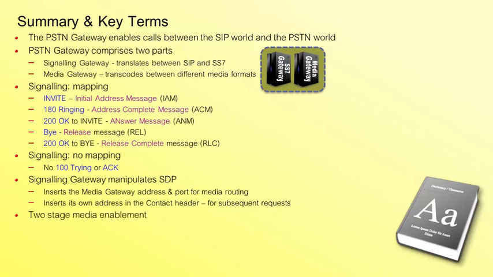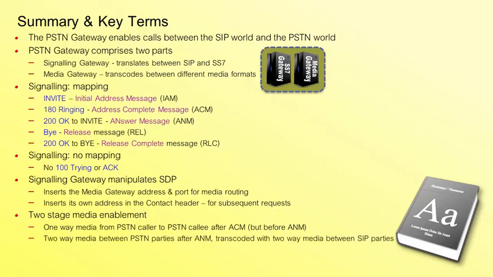Regarding audio, there's a two-stage setup. One-way media is established from the PSTN caller back to the PSTN callee after the ACM, but before the ANM. Two-way media is only established between the two PSTN parties after the ANM, media that's at the same time then transcoded by the media gateway and streamed between the two SIP parties.